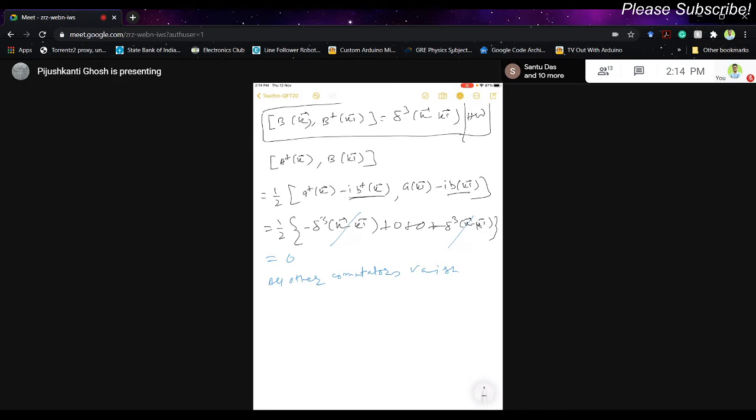These are the conserved quantities. Now for charge, whether it is electric charge or some other quantum number, all those are associated with some internal symmetry. Okay, just go back, I have written.